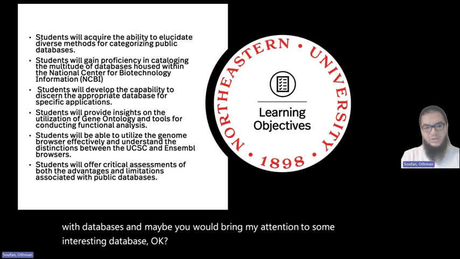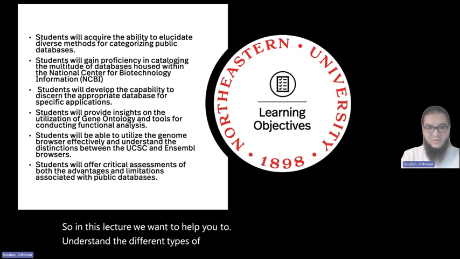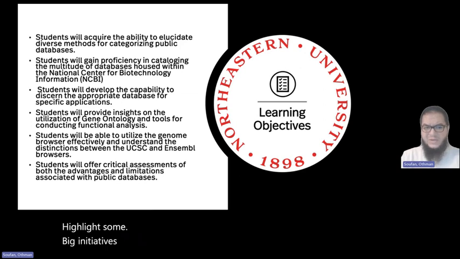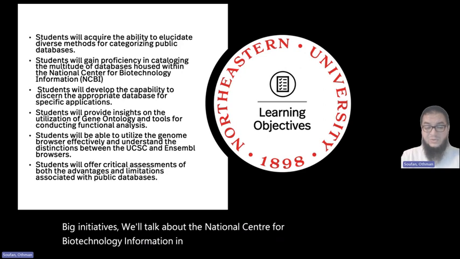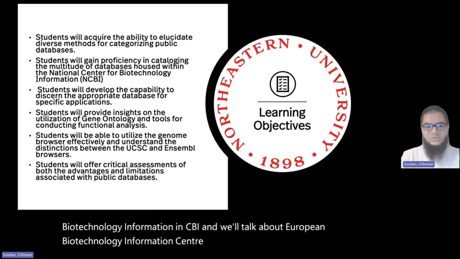So in this lecture, we want to help you understand the different types of databases that are there, and highlight some big initiatives. We'll talk about the National Center for Biotechnology Information, NCBI, and we'll talk about the European Bioinformatics Institute, EBI, and so on and so forth.